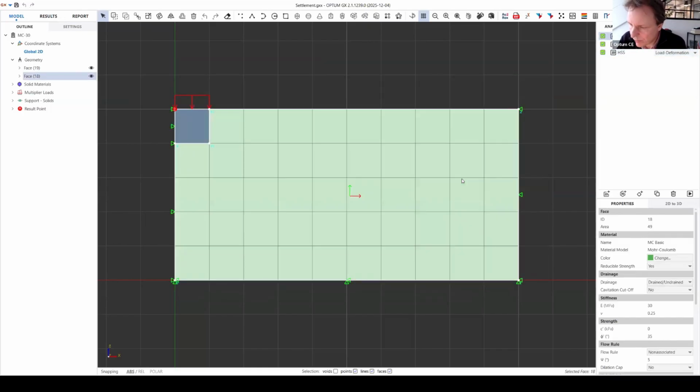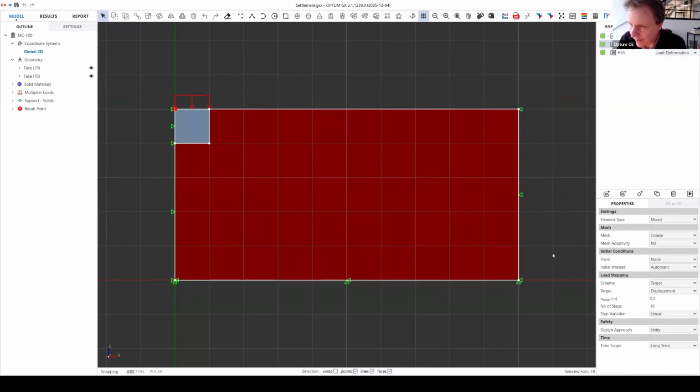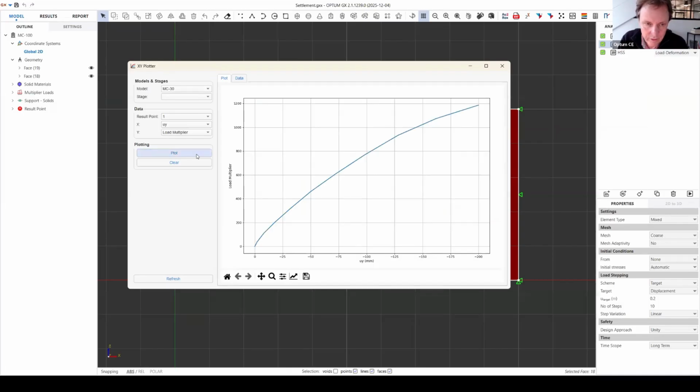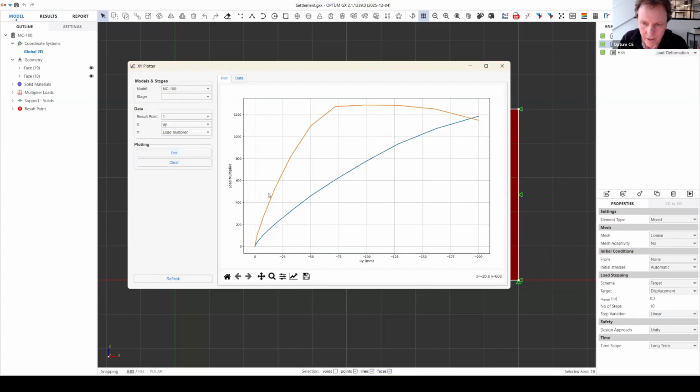So that's a Mohr-Coulomb with 30 MPa, equal to the E50 ref for the hardening soil, and then one with 100, equal to the unloading-reloading reference modulus. So to see how these different models compare. So MC30 first, that's a Mohr-Coulomb with 30 MPa, and then 100. So that gets quite a lot stiffer.